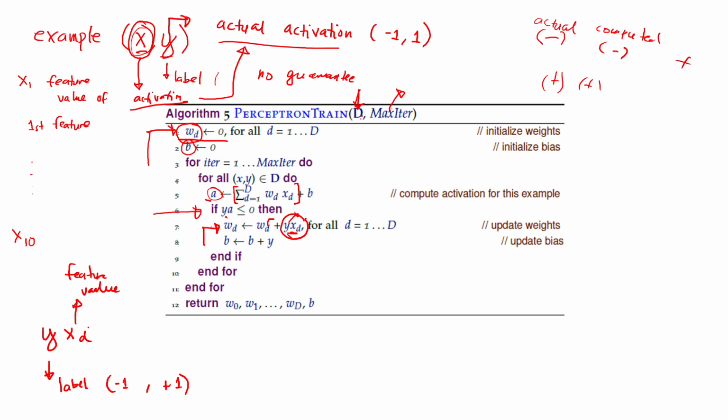Since we got the wrong activation, we would think that maybe this feature value here influences our decision either towards negative or positive. Perhaps this feature has a high influence on our decisions, and how it would influence the decision depends on its value.